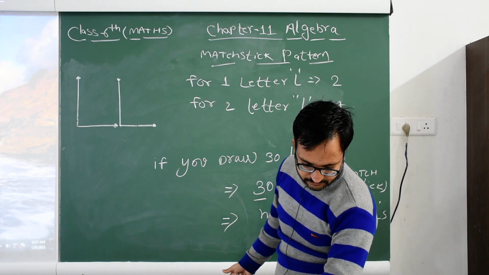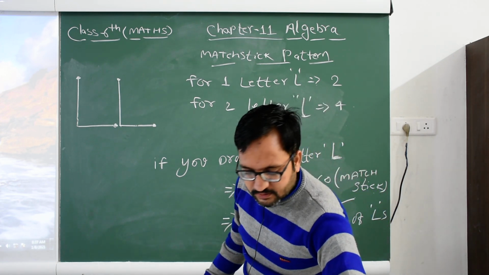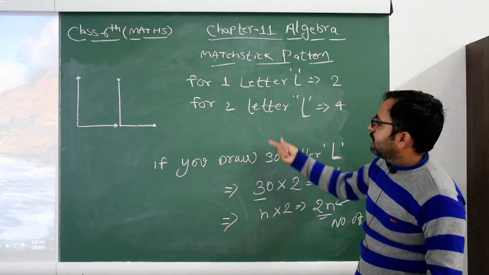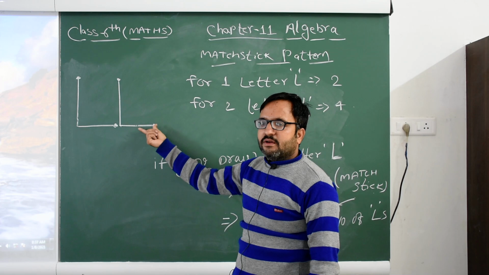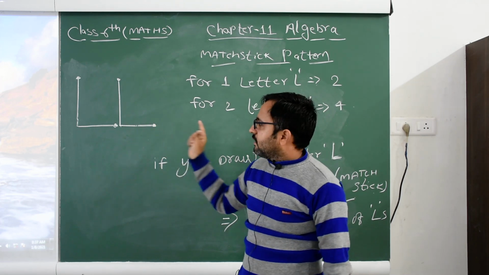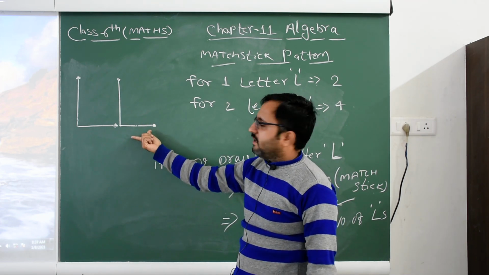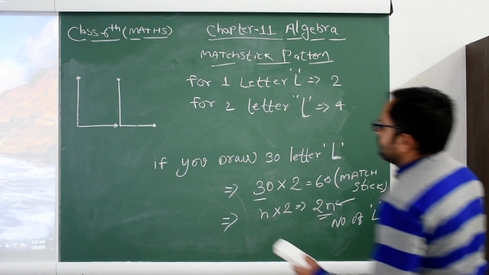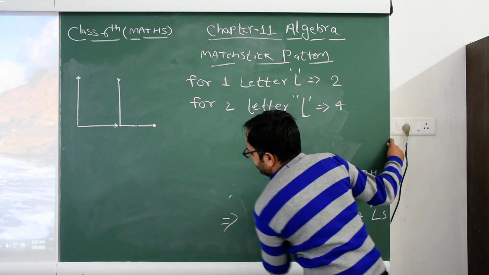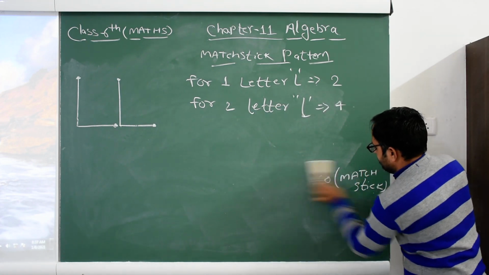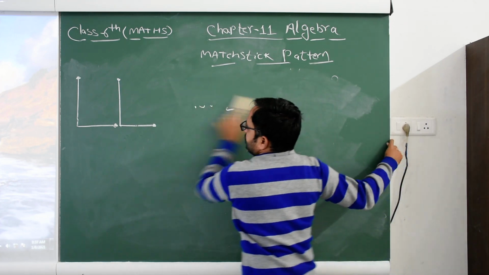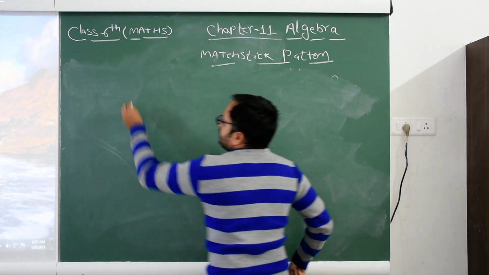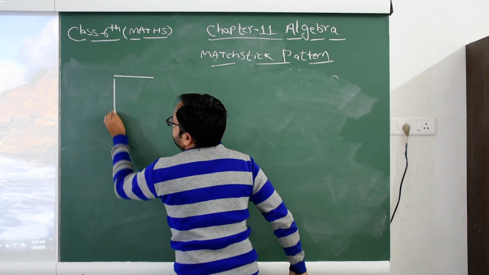Now we discuss the matchstick symbol C. We already completed the symbol L. Now we draw letter C. If you draw one letter C, how many matchsticks do you use?